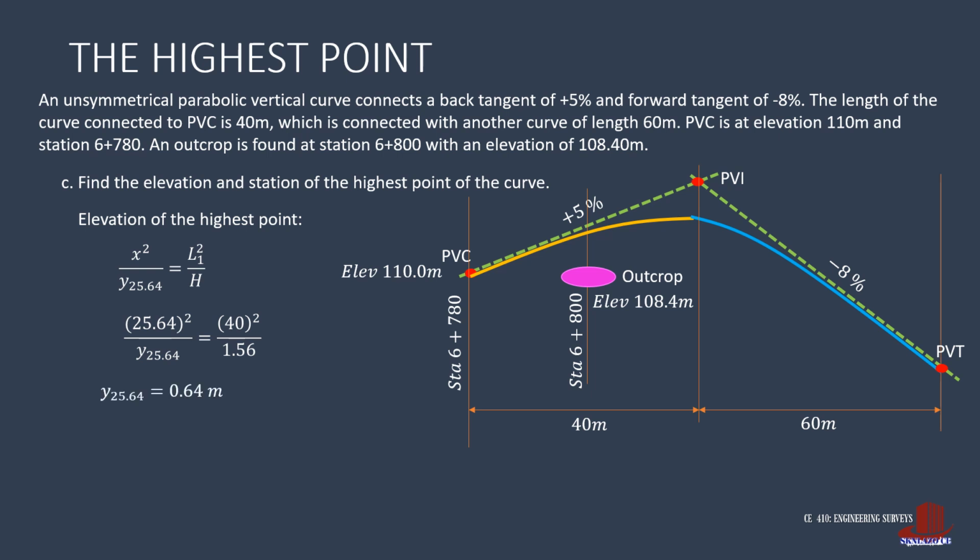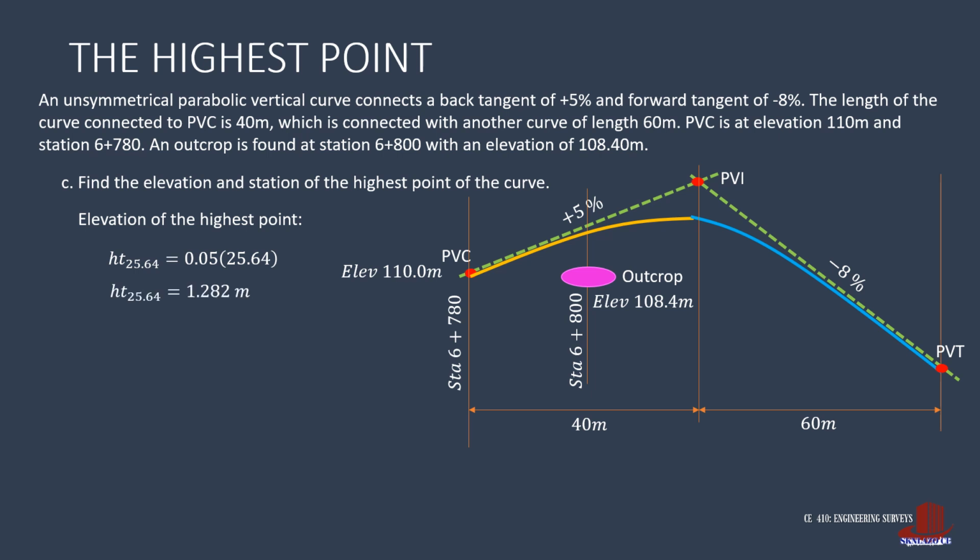This y value is the distance between the tangent and the curve, so we still need to know the elevation of the tangent. The tangent elevation is computed from gradient, that is 0.05 of the distance 25.64, giving 1.282 meters. With the known height, take the elevation of PVC, which is 110 meters.